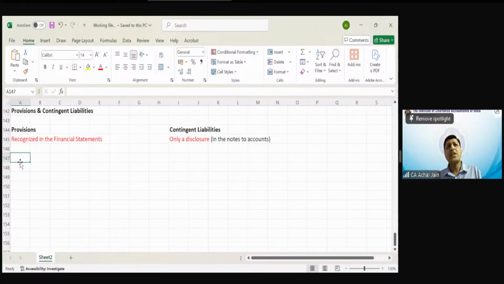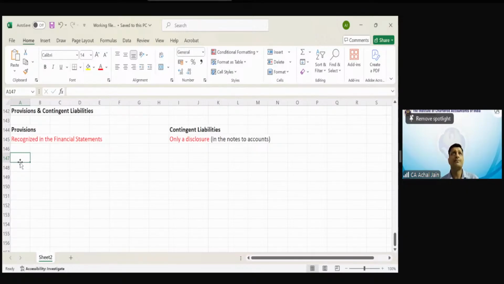Let's suppose there is any transaction, any event, for which there is a good probability, or you can say it's probable, meaning there are more chances that it may result in some outflow of resources.